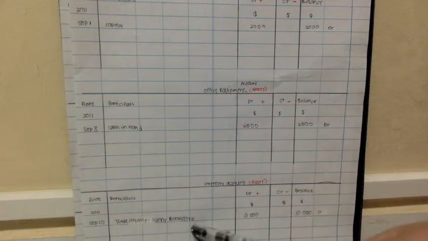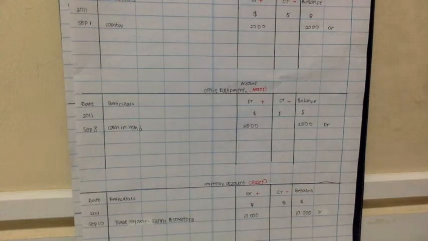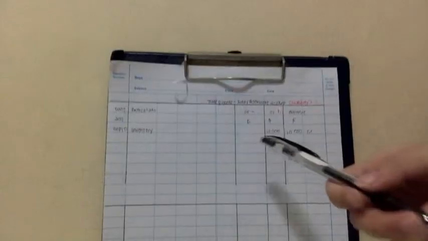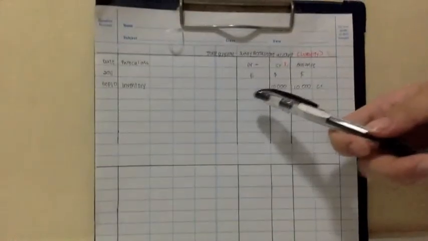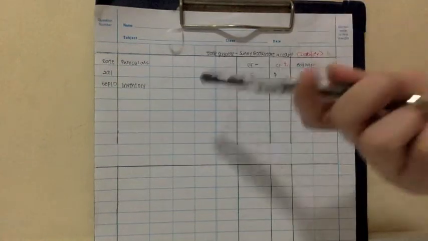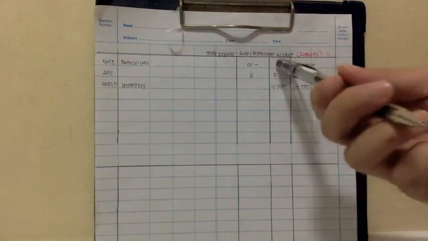So therefore, the particulars we write trade payable Sunny Bookstore. And we have this debit entry, we need to have a credit entry, and the credit entry is your trade payable. So your trade payable Sunny Bookstore account. Since we don't have one existing one, we create a new one.